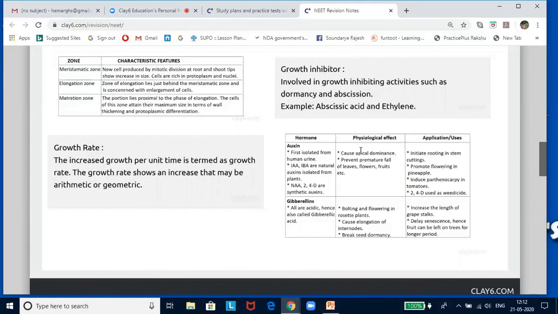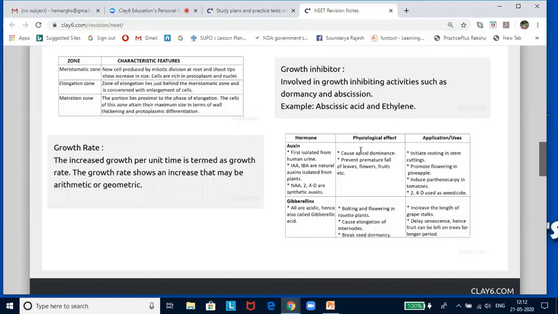Example, naphthalene acetic acid. Phytohormones are the organic substances produced by the plant. They are active in very minute quantities. They are synthesized in one part of the plant and translocated to another part where they influence specific physiological, biochemical, and morphological changes.